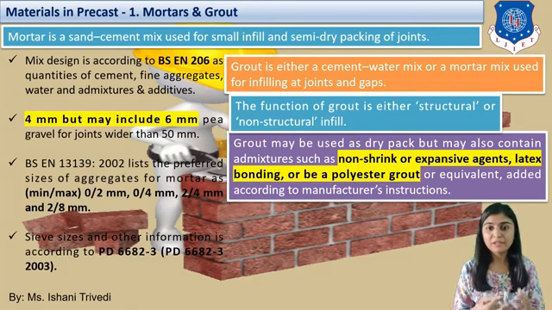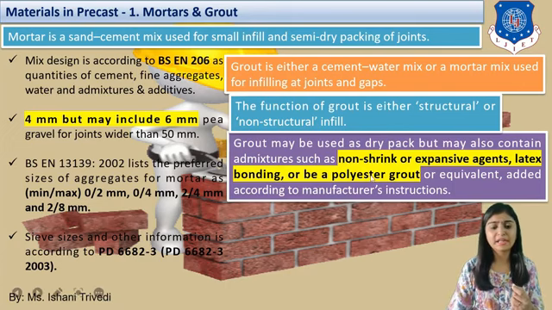and also mortar is going to be acting as one of the infill materials. Grout may be used as dry pack also, but may also contain admixture like non-shrink or expansive agent, meaning expansive agents are the types of admixture which do not allow the mix to increase in volume, to expand, right? These agents allow it not to shrink and not to expand.